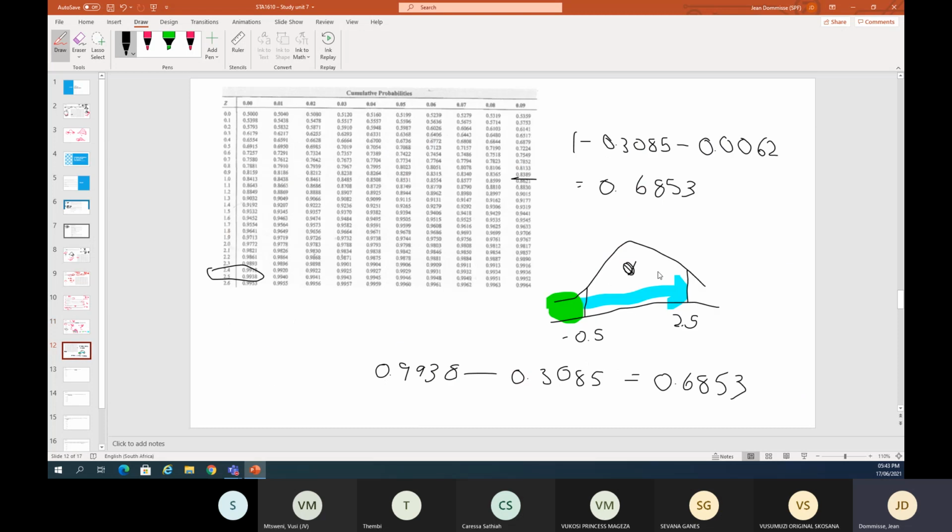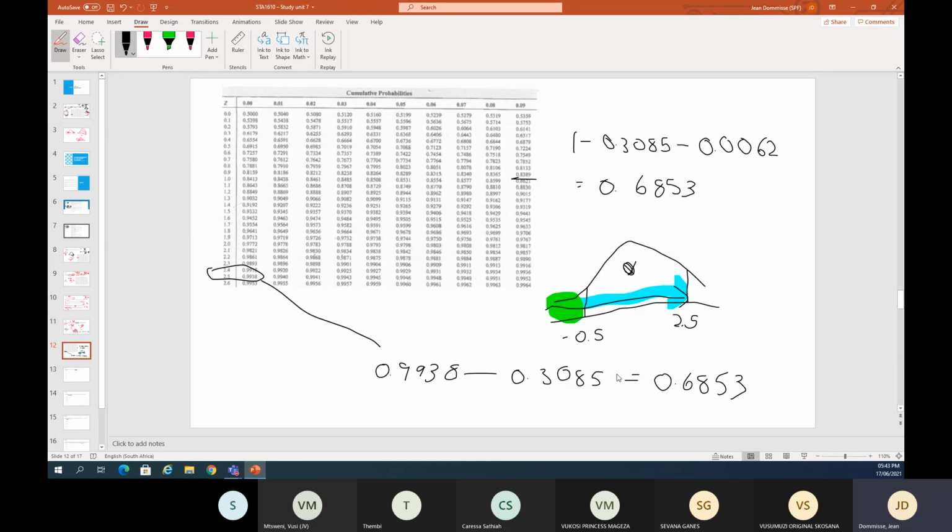If you wanted to say, well, I'm very happy using this table and the negative table, so I know that this area I get from the positive table. I get that value of z that is equal to 2.5, which is 0.9938.